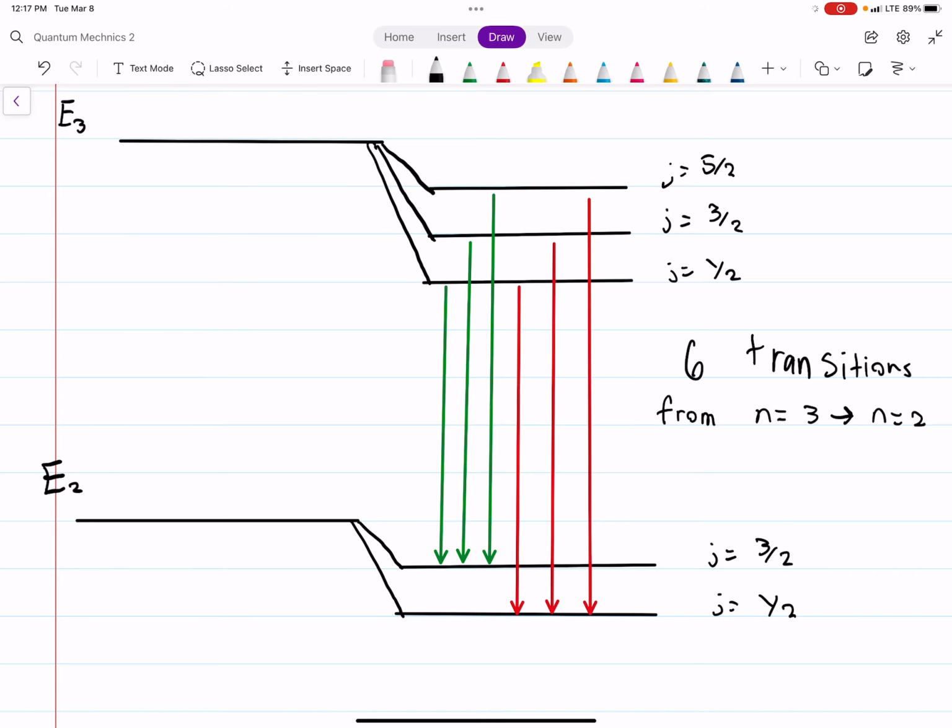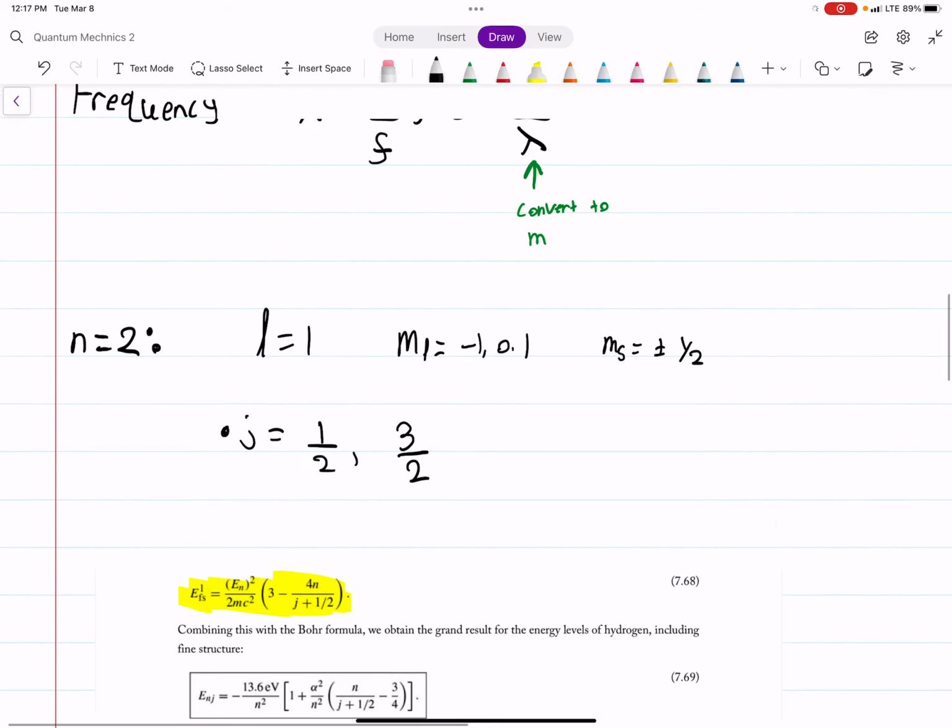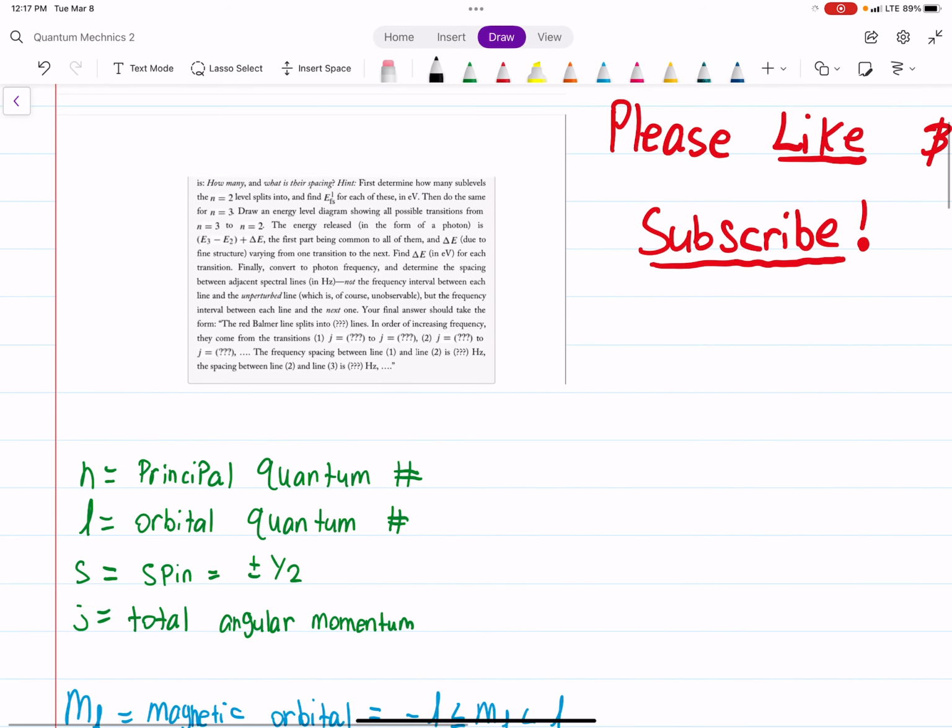Alright, so with that out of the way, what else do they want us to do? Let me just draw an energy level diagram showing all possible transitions from this to this. Okay. Find delta E and EV for each transition. Okay.